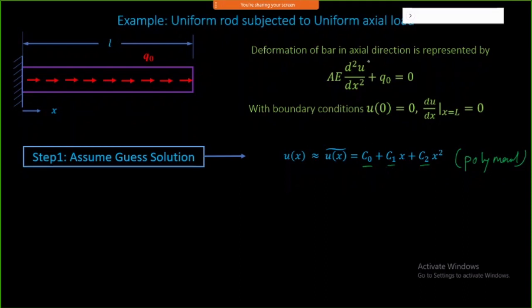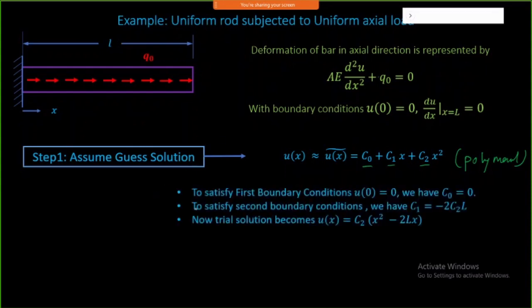Here it is a second order equation. These are the two boundary conditions. I have one condition here, then a second condition here, and a third condition. So obviously I can go for three such constants. If I go for one more constant in my equation, we will not find a condition to get that particular constant. That's why we stick to only three constants here.